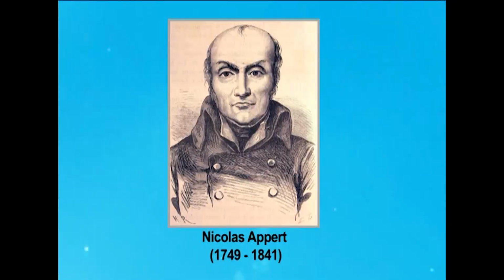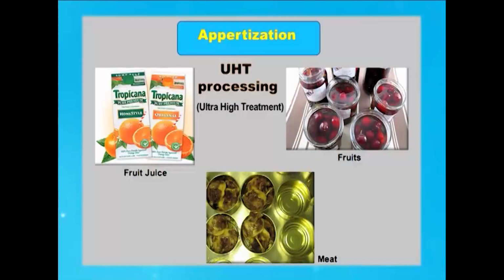The second most important heat treatment method is appertization. Now, appertization is a method which is named after the scientist Nicolas Appert. This is basically an ultra high temperature treatment processing or UHT processing, where we subject the food item to a high temperature.